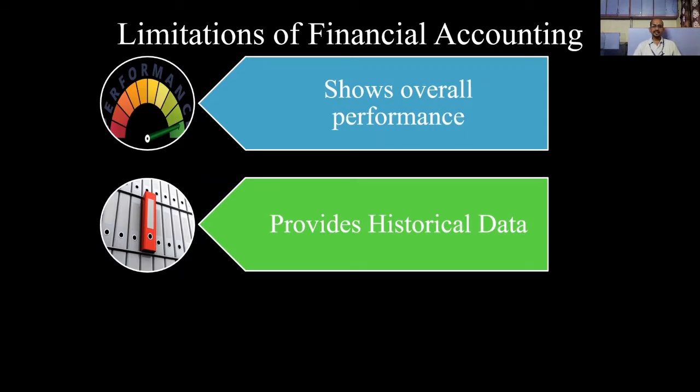The next limitation is that it provides historical data. As you all know, after completion of a transaction, we record it in our books of accounts. For example, when we deposit cash in the bank, only then we write bank account debit to cash account. Or whenever we make some sales, at that time we pass the journal entry cash account debit to sales account.